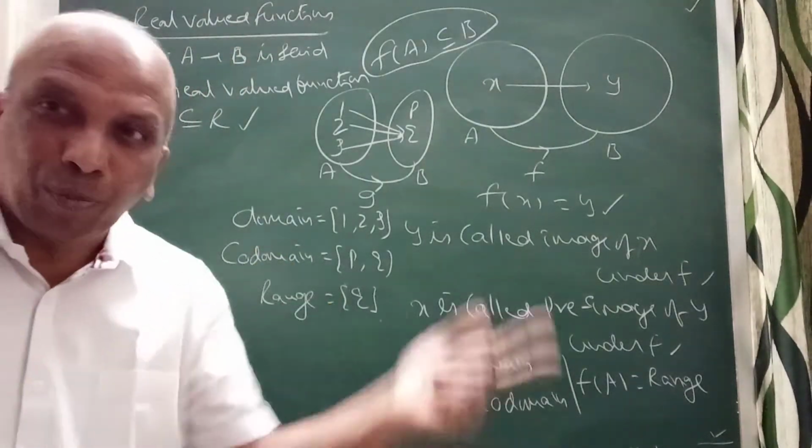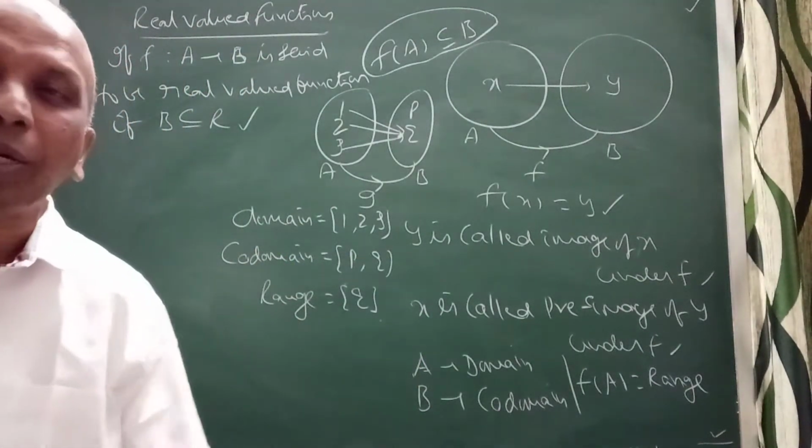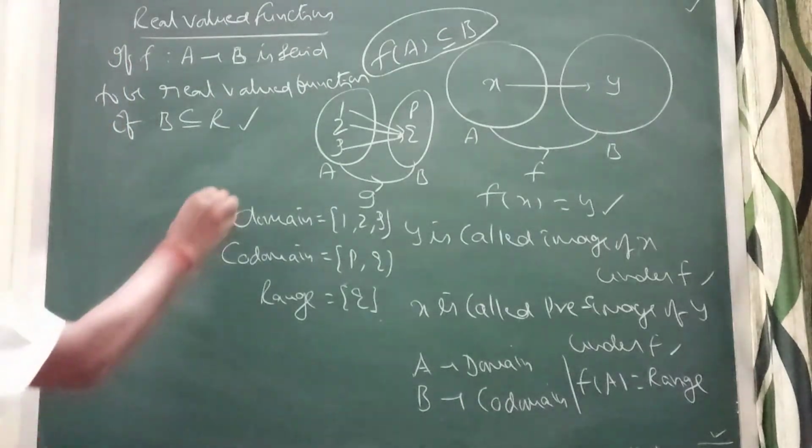Suppose A is a subset of R, B also a subset of R, then f from A to B is called a real function. So what is the meaning of real function?